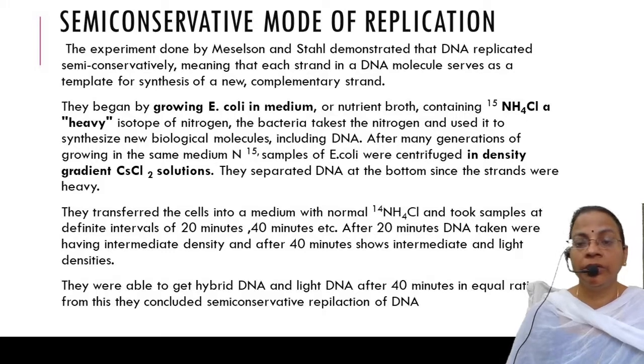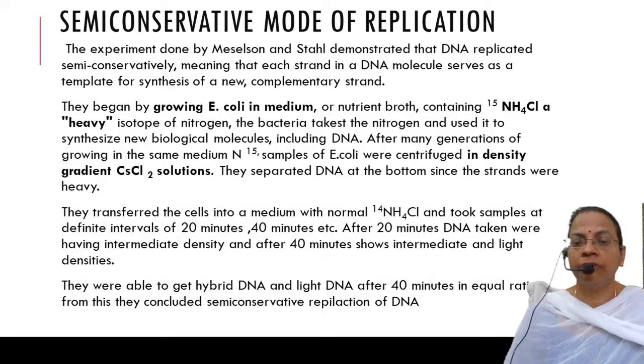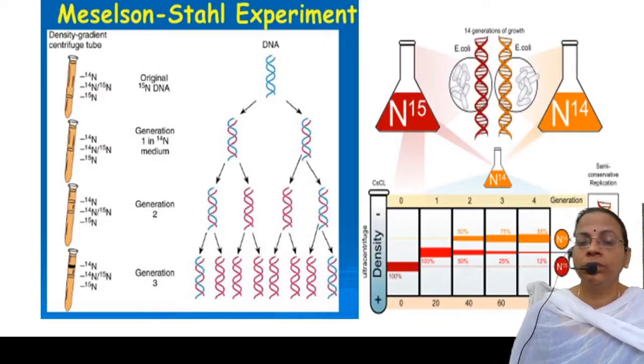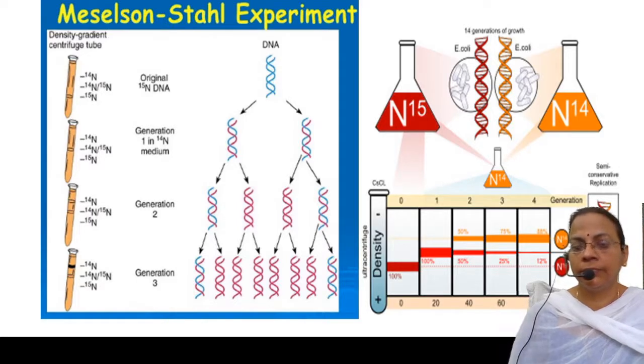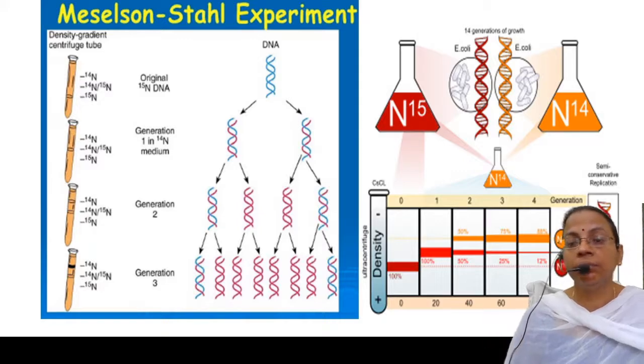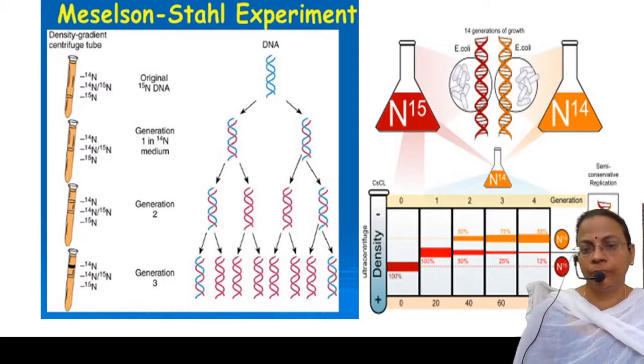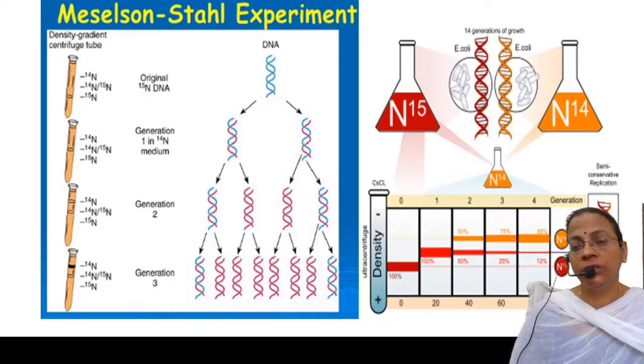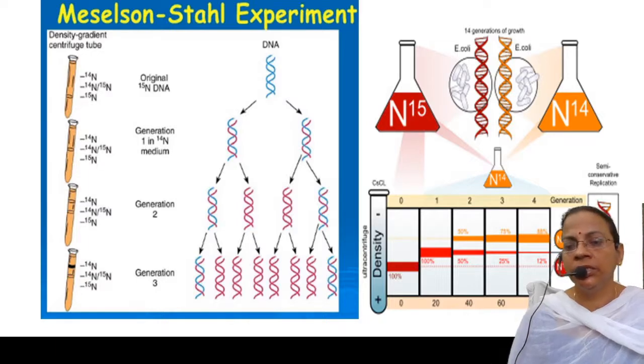When they took the sample after 20 minutes, they found that the DNA was deposited at the middle region of the test tube. From that they concluded that the density of the DNA is intermediate.